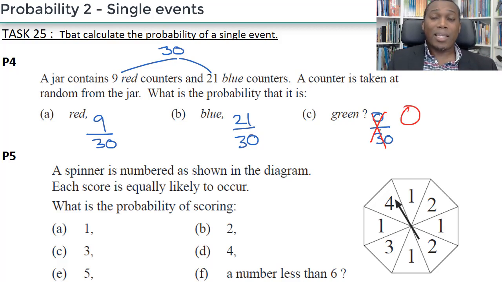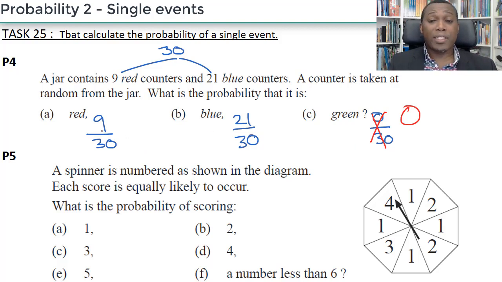In general, 0 on 30 is 0, but it's expected that you would recognize that it's impossible, and represent it using its simplified version. You'll just write 0. In an exam, if you write 0 on 30, expect to be penalized. You probably won't get the mark.